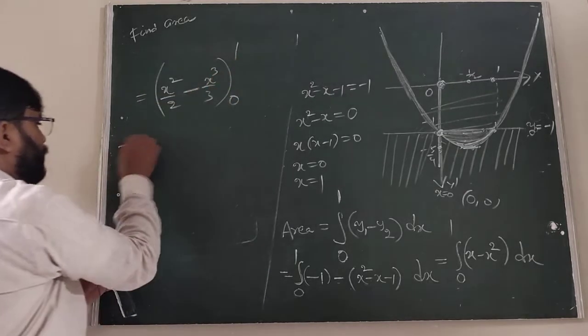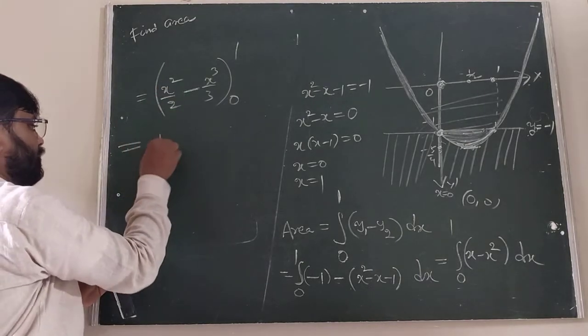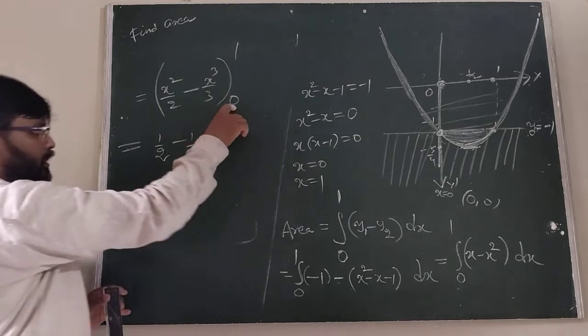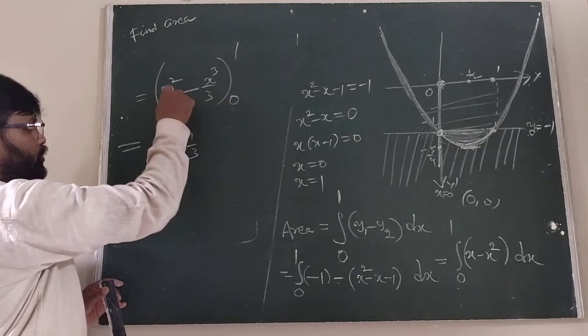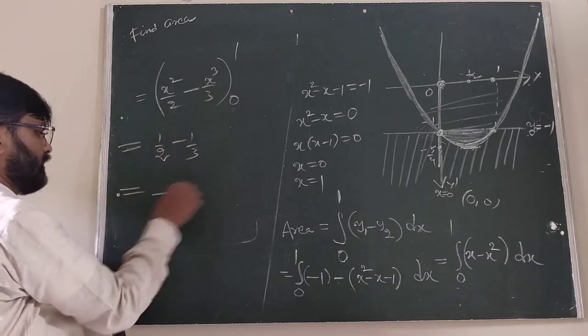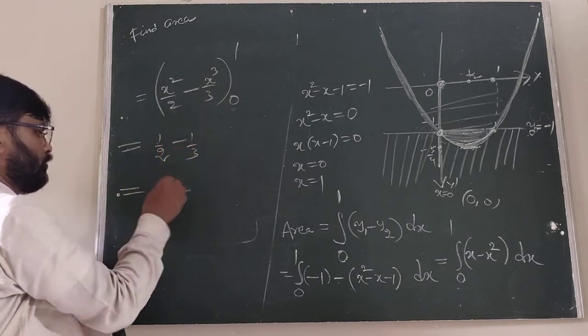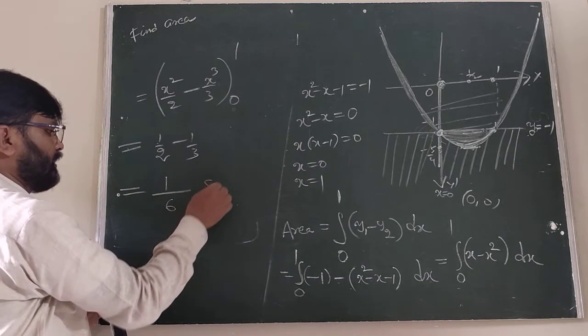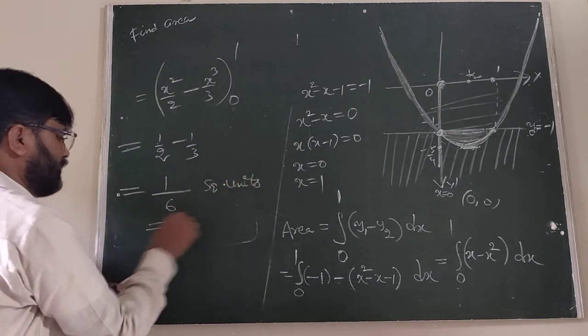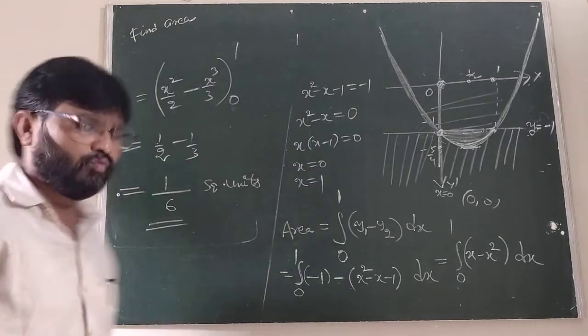Substituting the upper limit, 1 square by 2 minus 1 cube by 3, and the lower limit gives 0. Now the LCM is 6, 3 minus 2 is 1 by 6 square units. This is the required area, 1 by 6.